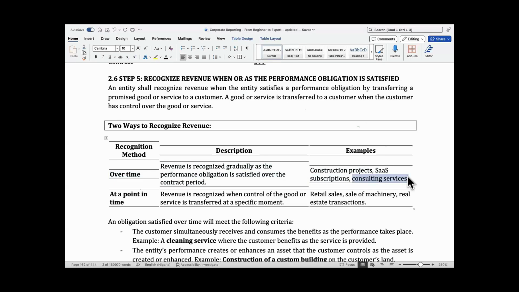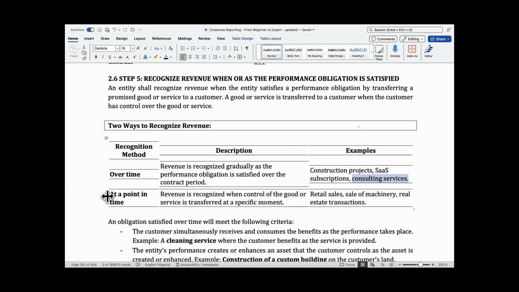You can't just jump to recognize the whole money now. It's just like our school. We can't recognize revenue in January because you have paid. No, it's wrong. Since the service is over time, the revenue will be recognized gradually, also over time. I will show you how that is done.